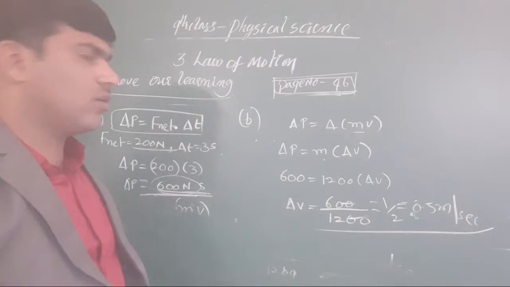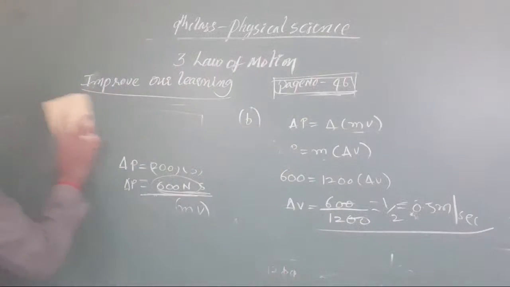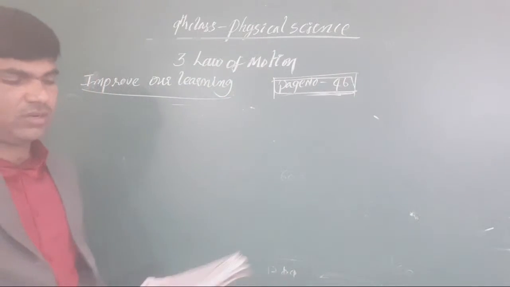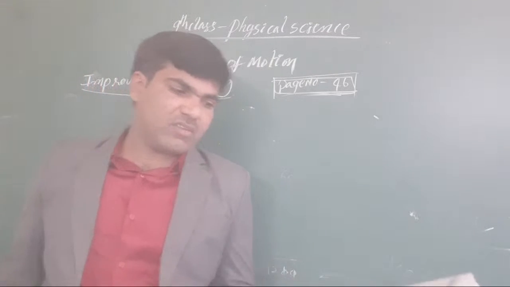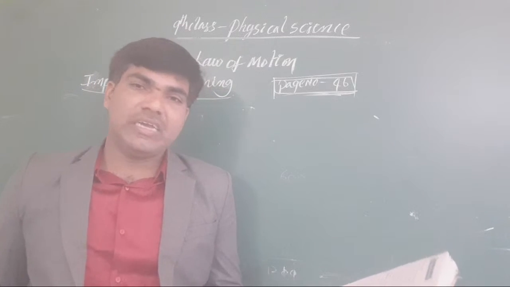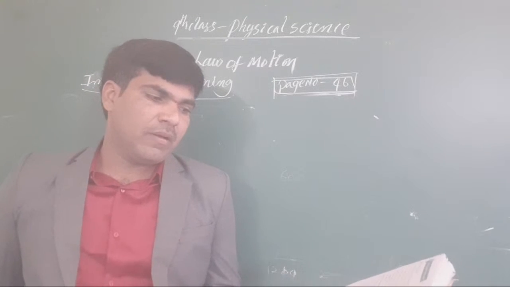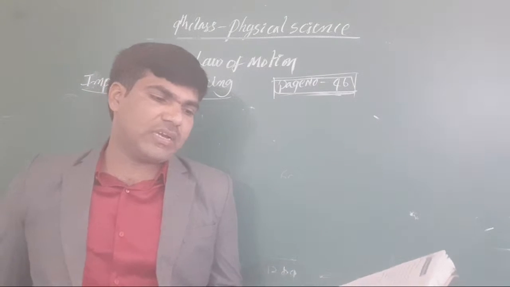Now this is only about the third B answer. Now come to the fourth one. What is the fourth one? The force acts for 0.2 seconds on an object having mass 1.4 kg, initially at rest. The force stops to act, but the object moves through 4 meters in the next 2 seconds.